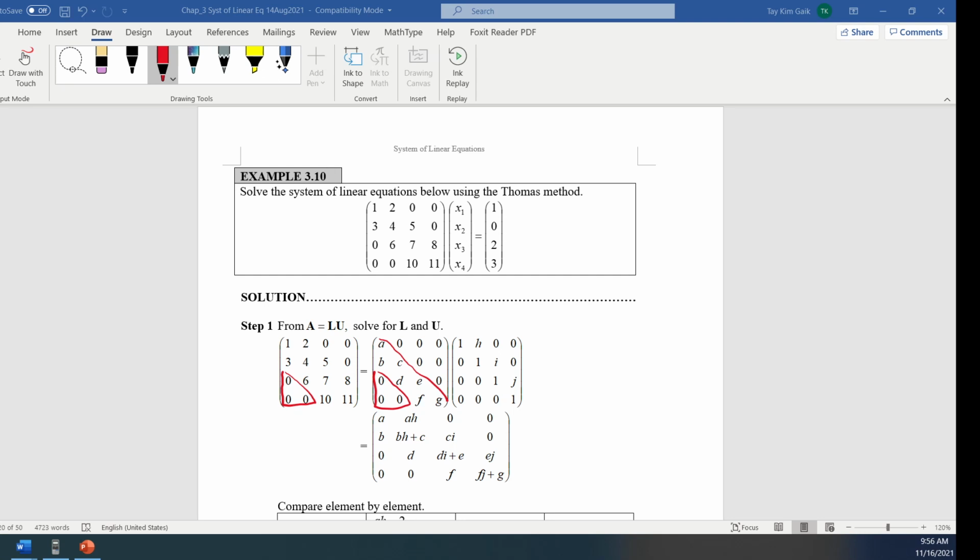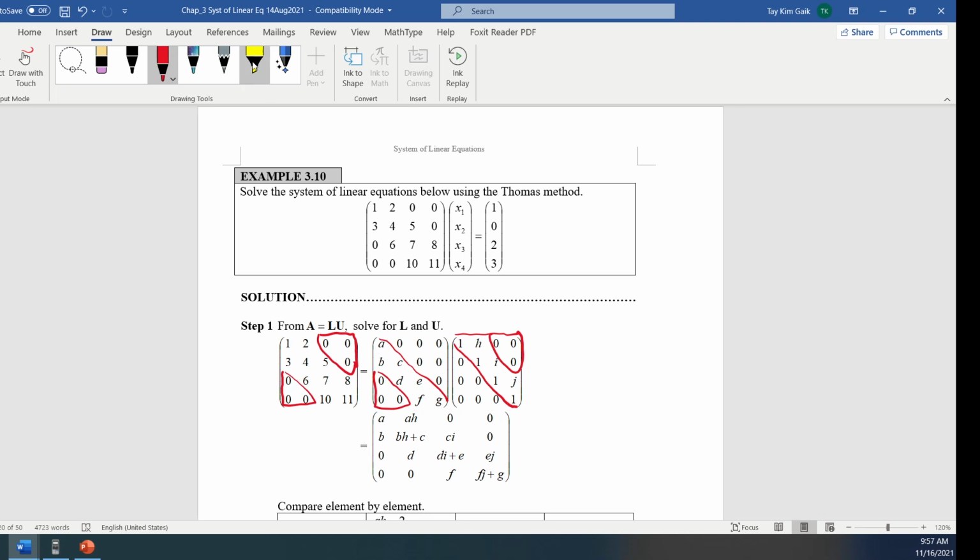And U is actually an upper triangular matrix. For the U in the Thomas method, the diagonal of U must be 1. Because your A is tridiagonal, the upper part values A13, A14, A24 are 0.